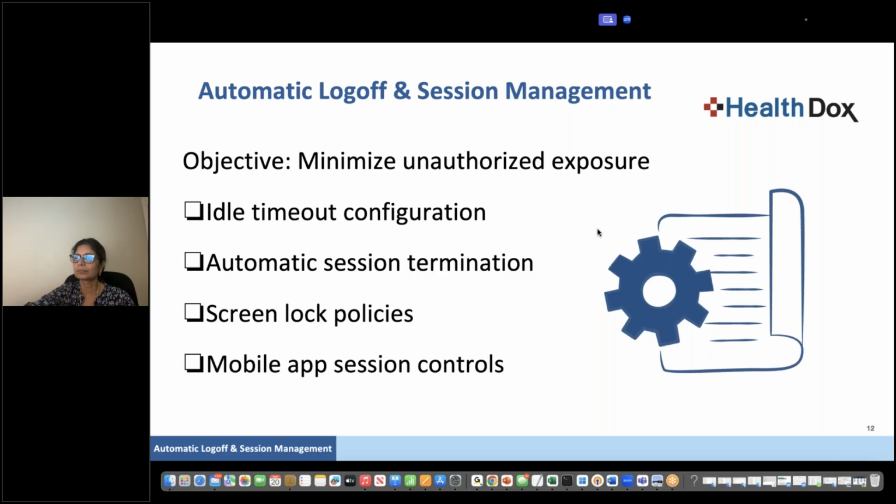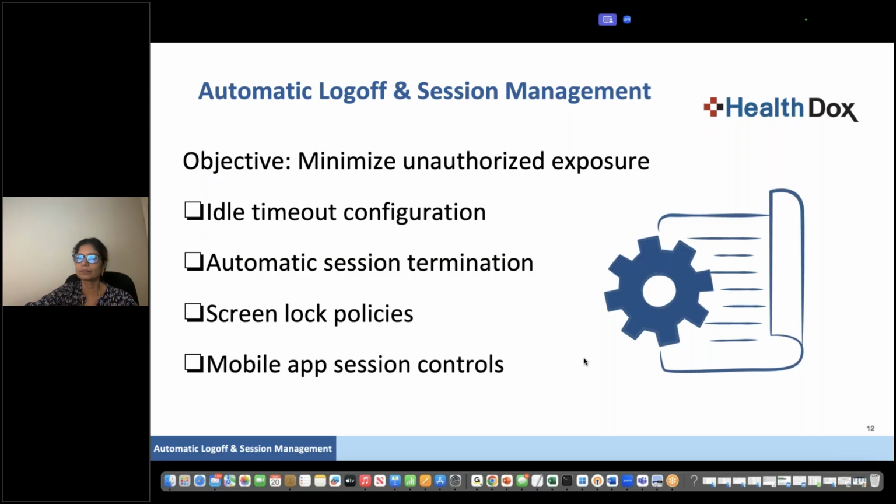If a session is supposed to be for 30 minutes, it should not go for a 5-hour session, right? So we can avoid misuse by having session management controls in place. HIPAA expects organizations to implement these controls as part of protecting EPHI, especially in shared environments like hospitals.